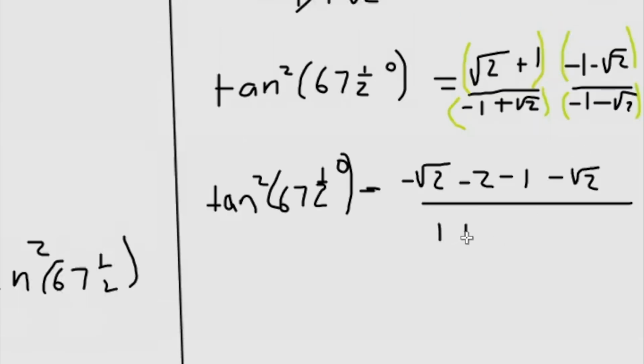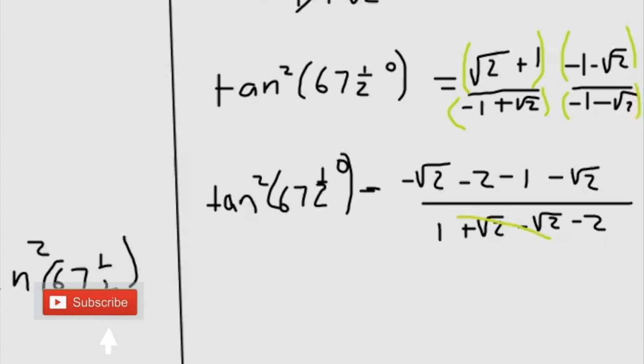Negative 1 times minus root 2, that's positive root 2. Positive root 2 times minus 1, that's minus root 2. Positive root 2 times minus root 2 will be minus 2, because root 2 times root 2 will be 2. In the center of my denominator, these cancel.